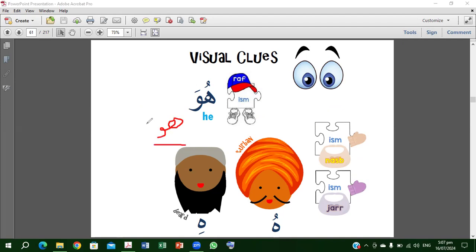Huwa yaftahu means he opens. Kitabahu. He opens his book. Because kitaba, the fatha is a sign of an object. So, huwa yaftahu kitabahu. Yaftahu means opens. So, he opens his book.